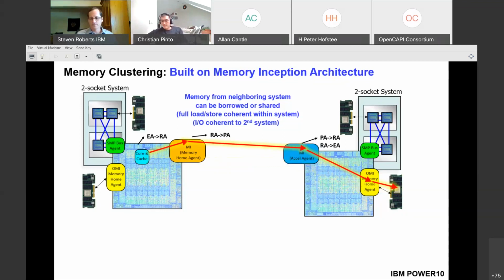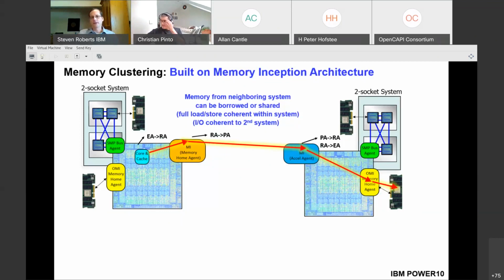So if we dig a little bit deeper into how addressing is done, we have the standard effective address to real address conversion happening on the cache core of the borrower side. And this is done with traditional page table mechanisms.